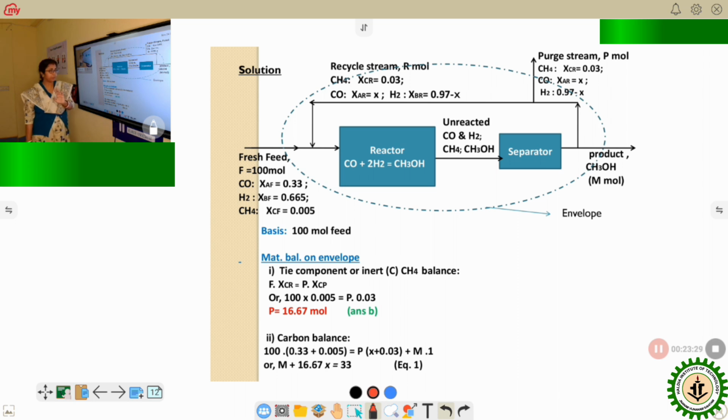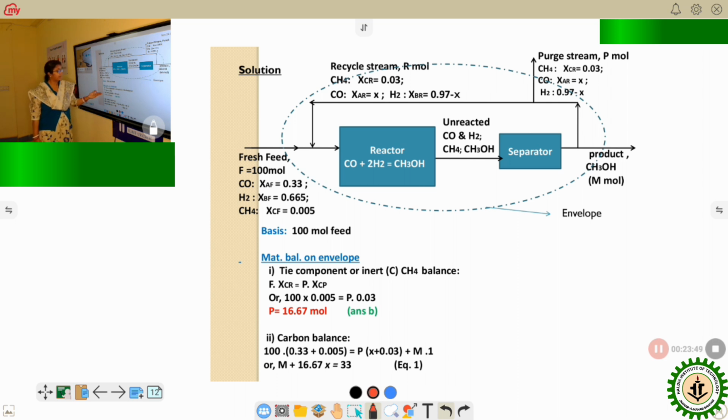If we do the tie component material balance on this envelope for the inert, methane, we can write F into XCF equals P into XCP.